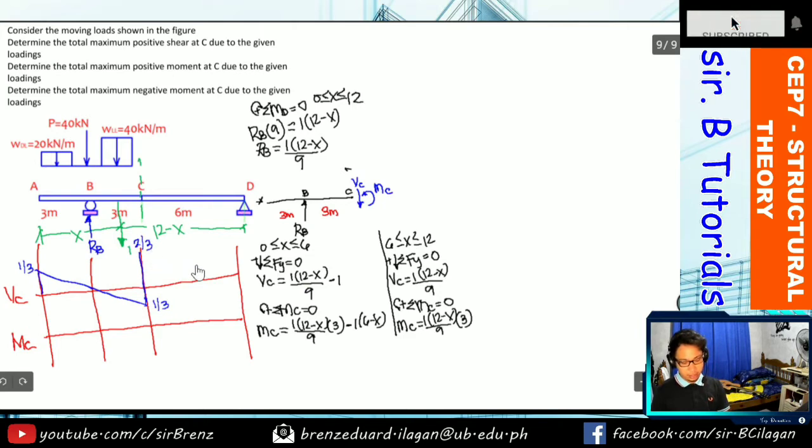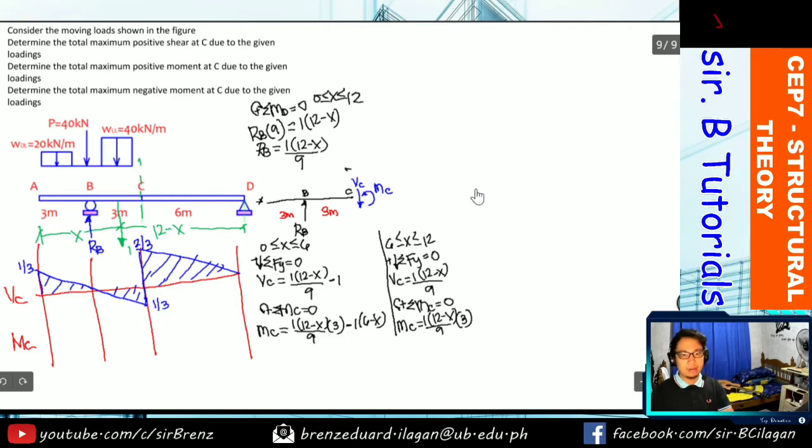And then calculate mo again at a distance of 12, na to 0. Okay, so ayan po ang ating itsura ng influence line for the shear C.